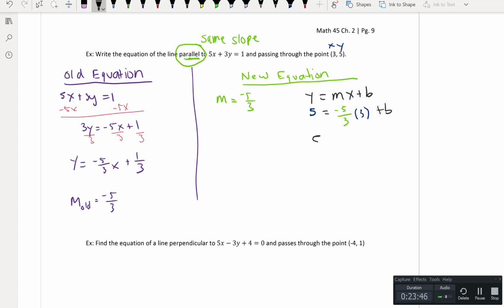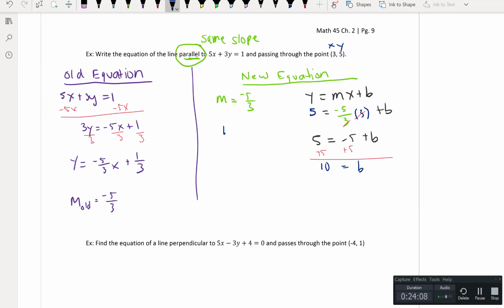So here I'm going to have 5 is equal to, and when I multiply this fraction by the 3, I see that the denominator and the numerator cancel, so I'm left with negative 5 plus b. So I'm going to go ahead and add 5 to both sides. So then that way I can get that 10 is equal to b.